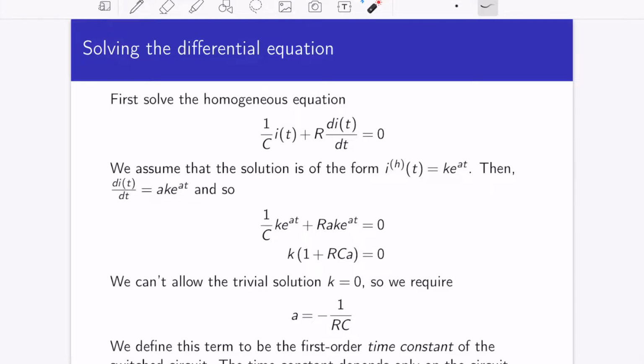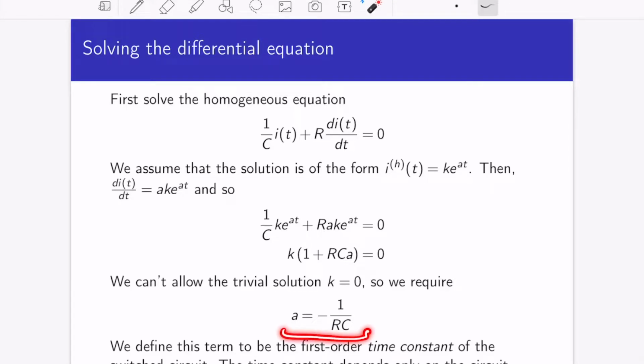And so we get 1/C times k e^(at) plus R a k e^(at), and we can solve and get that k times (1 + RCa) is equal to 0.